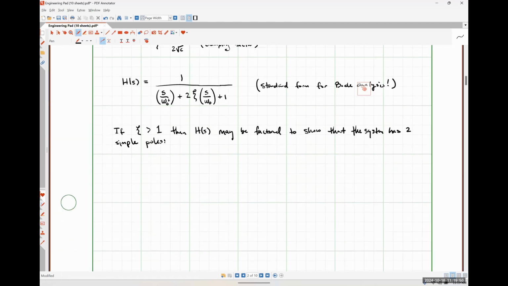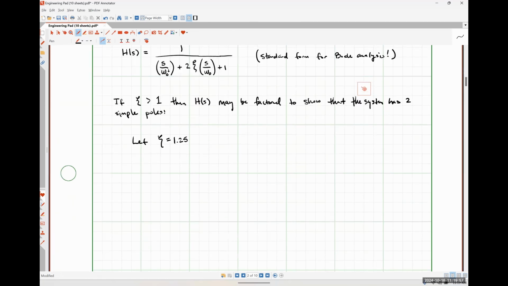So if we were to let zeta equal 1.25, then for our system, we would have H of s equal to 1 over (s over omega naught) quantity squared plus 2.5 s over omega naught plus 1.